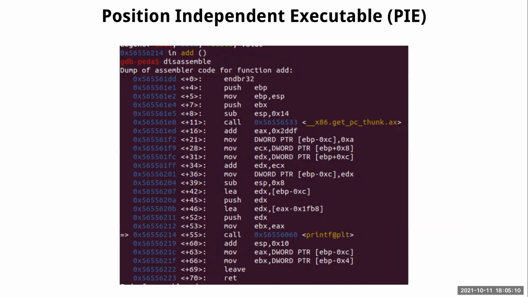Because of this PIE thing, one interesting thing is we see a lot of these get_pc_thunk calls for AX and EX. Those function calls are just to get the EAX or AX value at runtime. The reason we want to do that is you can see this one, 2BDF.